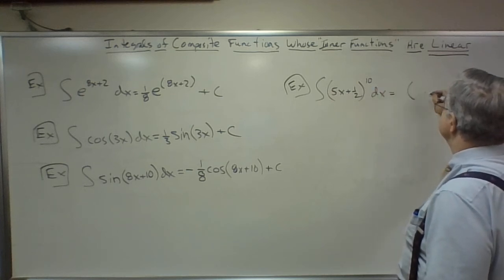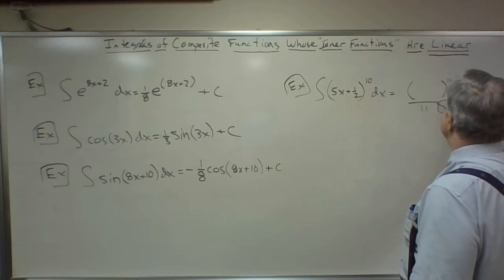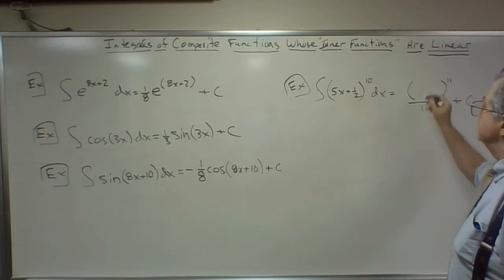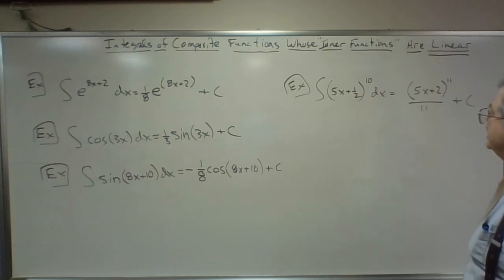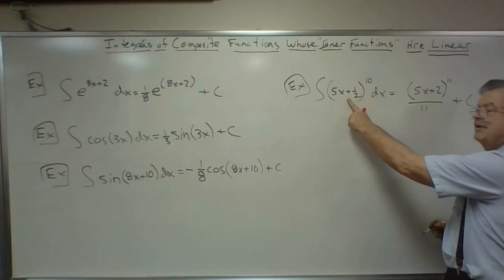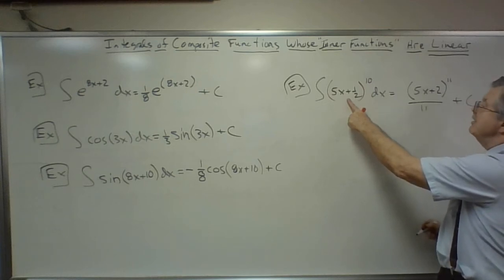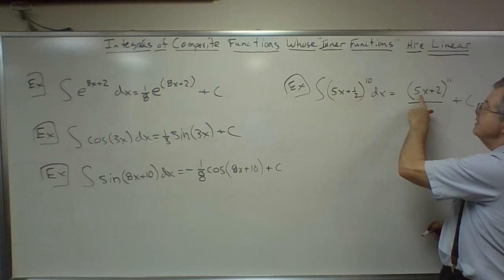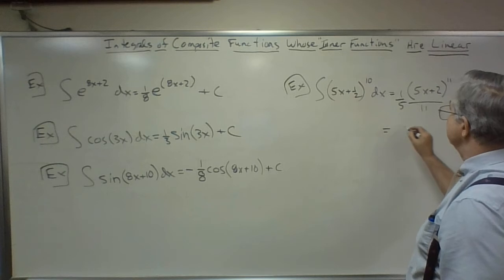We get something to the 11th power over 11, evaluated at the inner function. And now, because we're integrating and not differentiating, instead of multiplying by the derivative of the inner function, we divide by the derivative of the inner function.